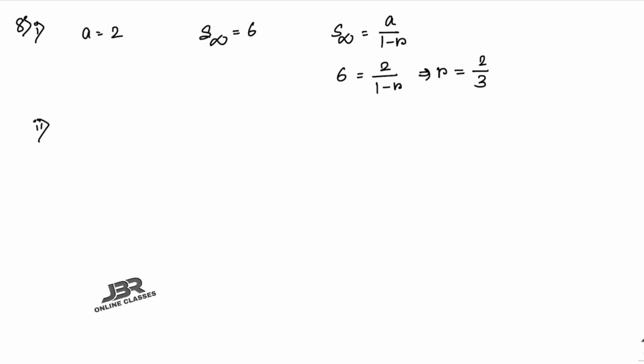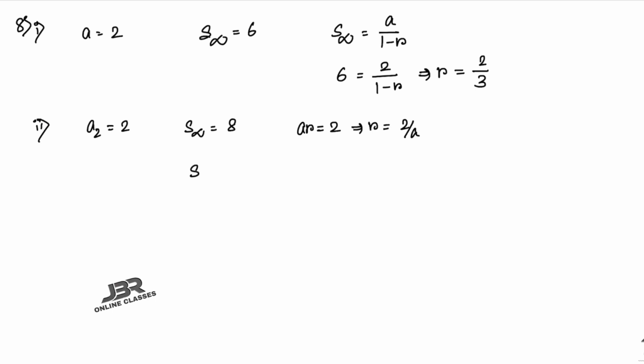Next, number 2. If the second term of the GP is 2, okay, and the sum of infinity is 8, find the first term. So here a2 equal to 2, S infinity equal to 8. Okay, so that means here ar equal to 2. ar is the second term, so from that one r equal to 2 by a.